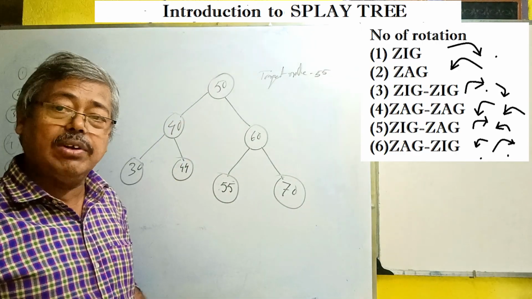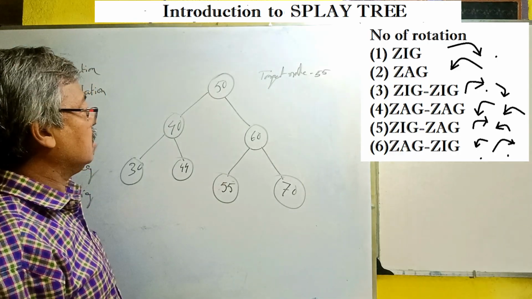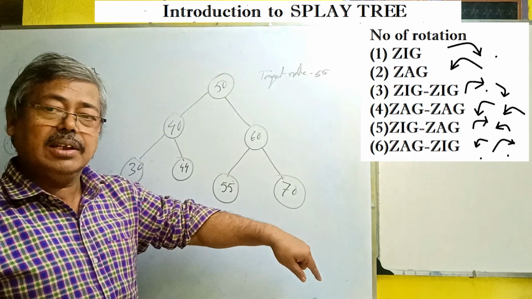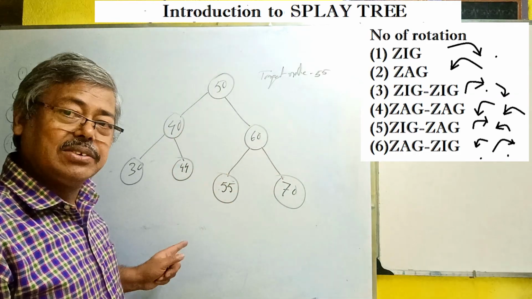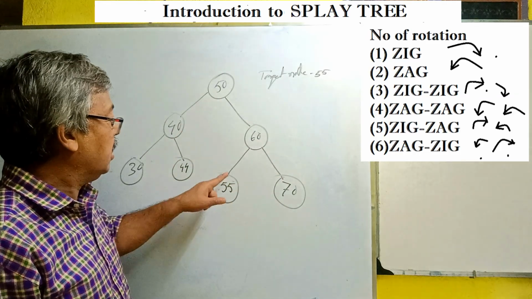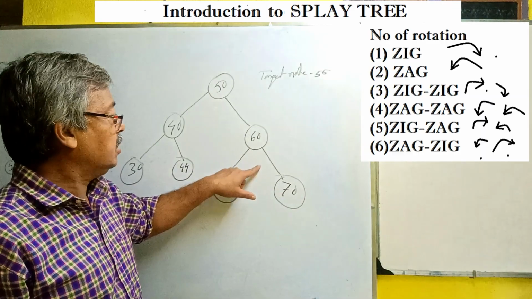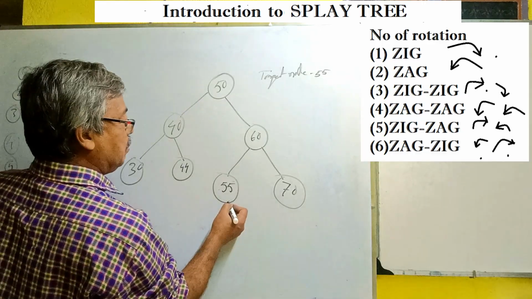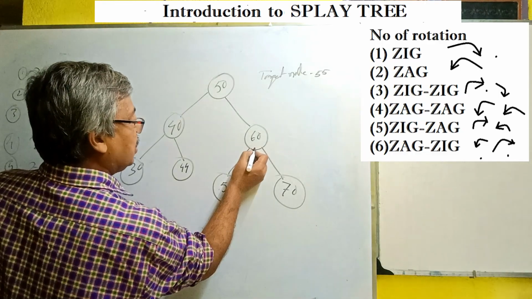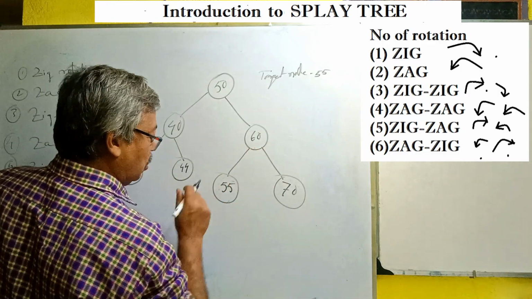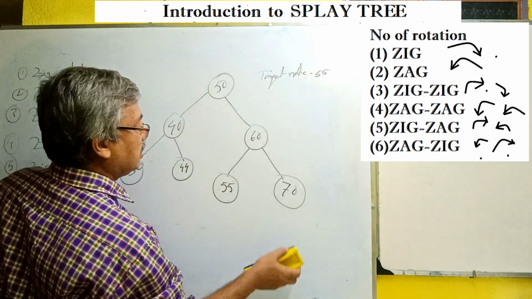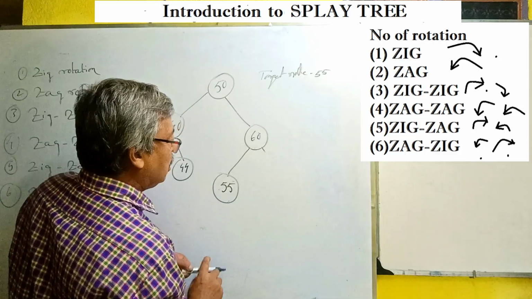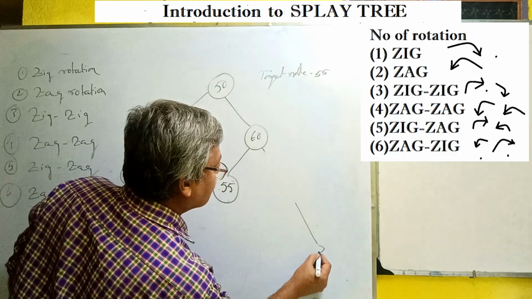What type of rotation is required? First rotation is rightward, second rotation is leftward. So see, in the first rotation 55 will be placed at 60's position and 60 will come down. 70 will come here.